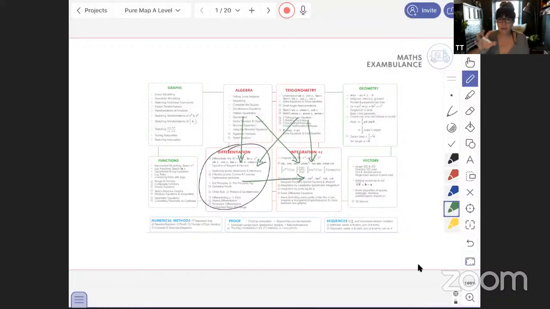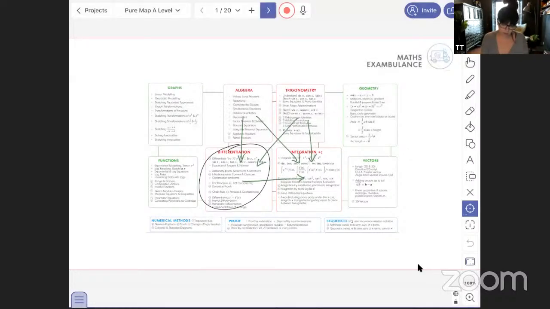But this block in the middle, if you're not super good on the trig and the differentiation and the algebra, then the integration is going to always be impossible to you. And I think a lot of students think that integration is hard, and actually the problem is here or the problem is here. So that's why I'm drawing you away from the integration to look into those two things.